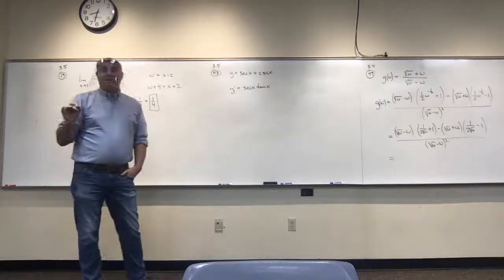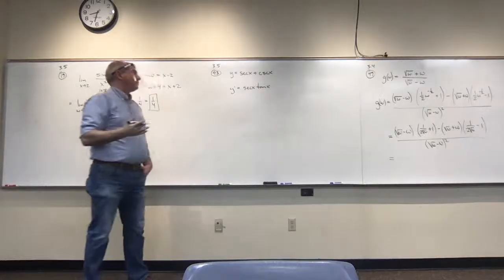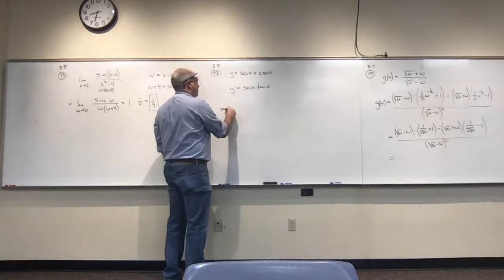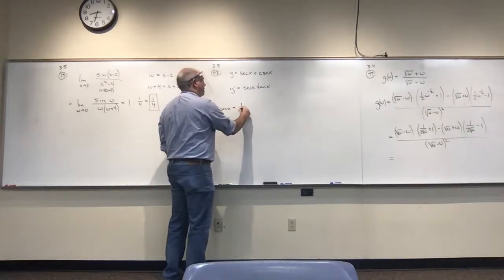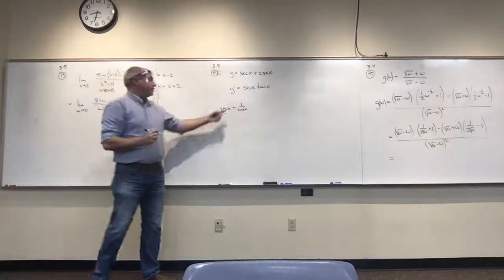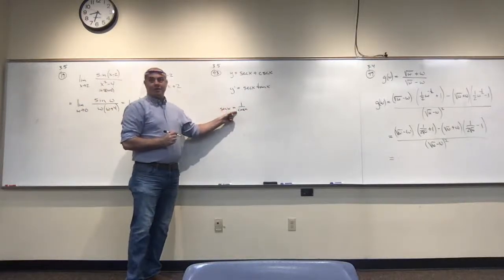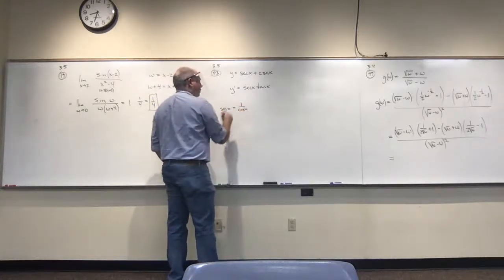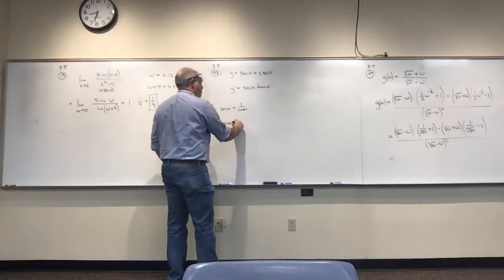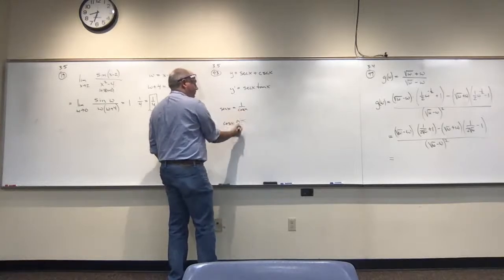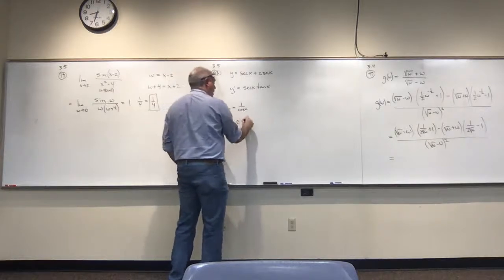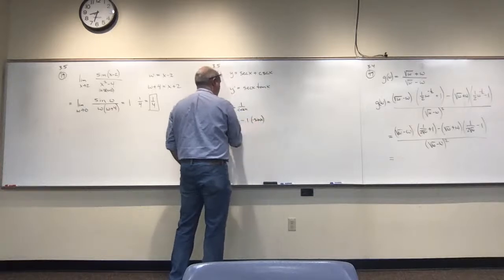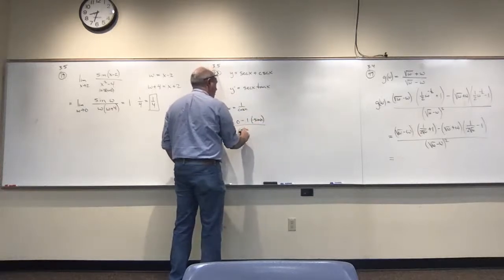If you ever forget, like on an exam, the other way of thinking about it is that secant of x is 1 over cosine of x, correct? And you could then just use the quotient rule on this to find the derivative. The quotient rule would say that the derivative of 1 over cosine of x is cosine x times 0, or the bottom times the derivative of the top, which is 0, minus the top, which is 1, times the derivative of the bottom, which is minus sine x, over the bottom, cosine x squared.